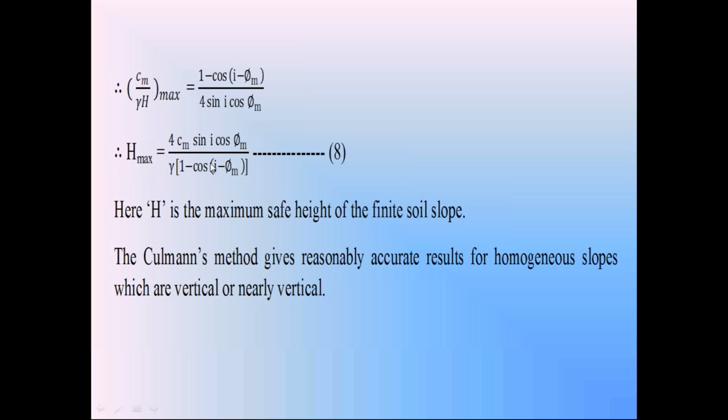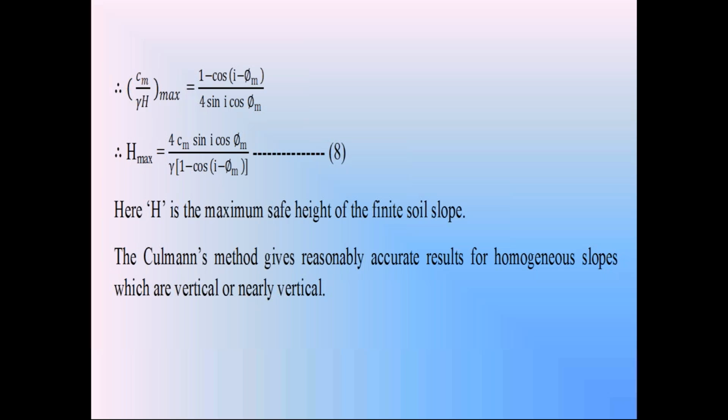This is the maximum height of the soil slope AB in that construction. In the right hand side, we know this i value, the angle made by the soil slope with the horizontal. We know the phi m value. Just now I explained that the mobilized angle of friction phi m is equal to the angle of friction phi in the borrow area divided by the factor of safety. This is a known value. Gamma is also a known value, and small cm, from the force triangle, we calculate the capital Cm value.